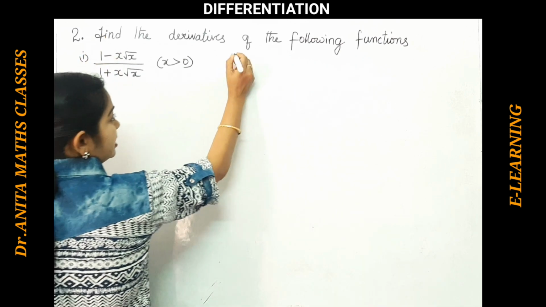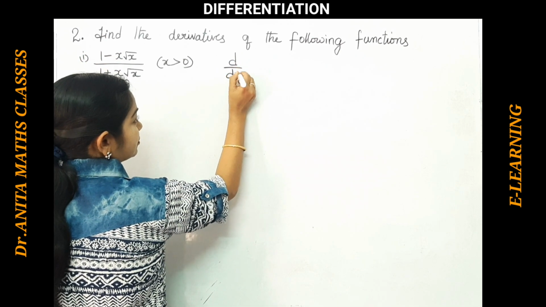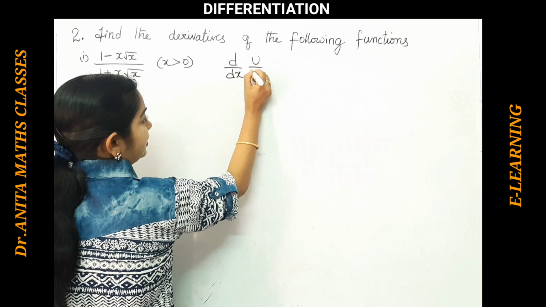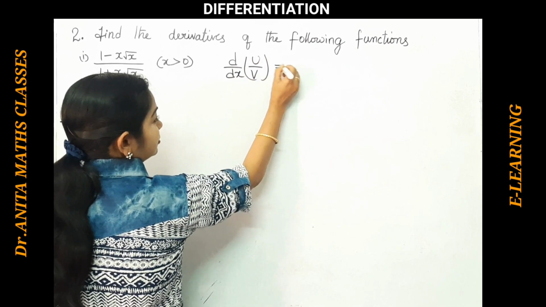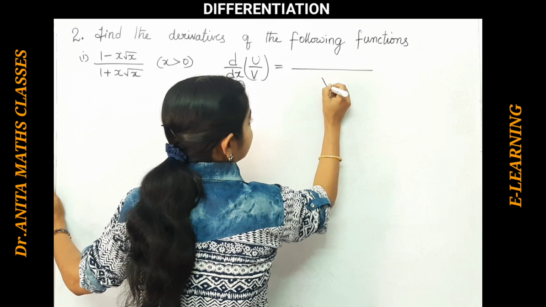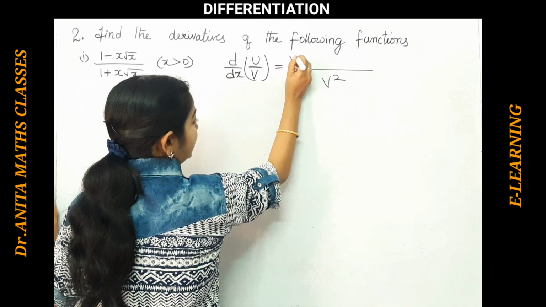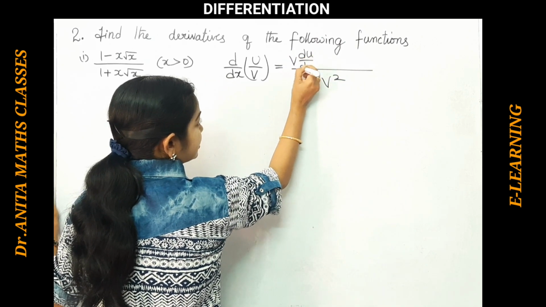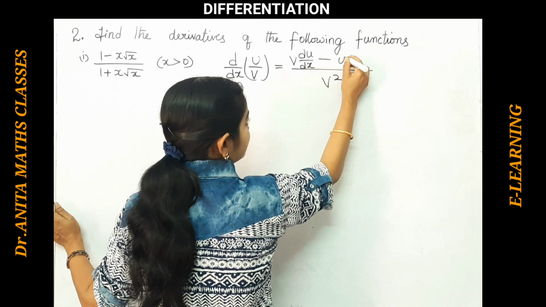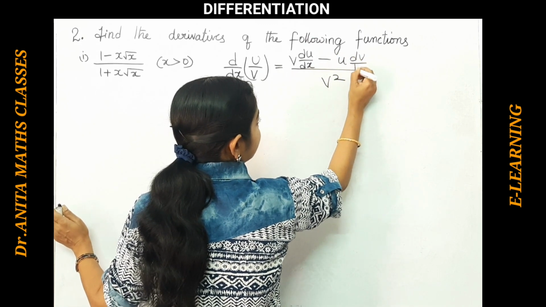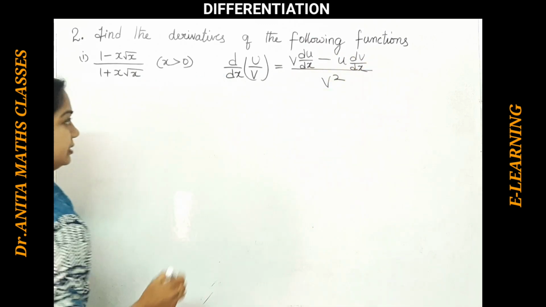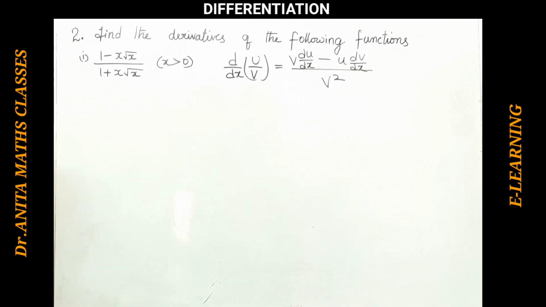So that is d by dx of u by v. That is v square we have here, and v du by dx minus u dv by dx. This is the formula. So according to that we will do this.